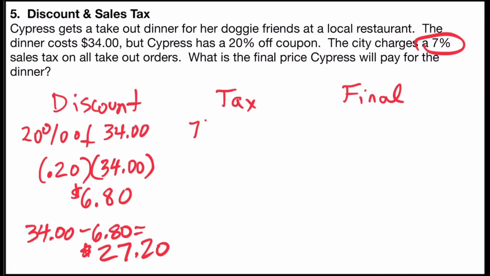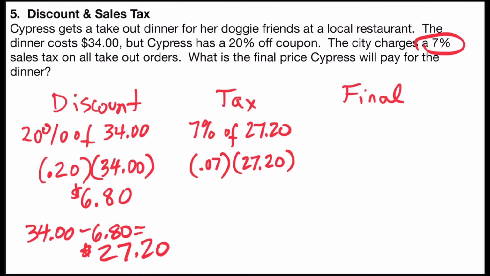So I'm going to find 7% of the $27.20. I'm going to write 7% as a decimal, which would be 0.07 times the $27.20 that the discounted meal cost, and I would find out that I would have to pay $1.90 in taxes.